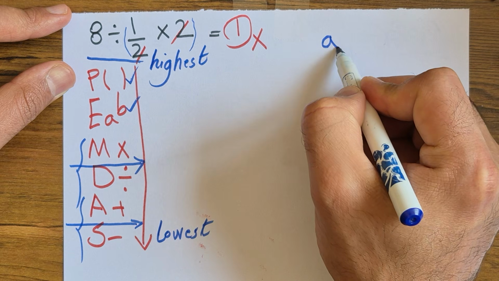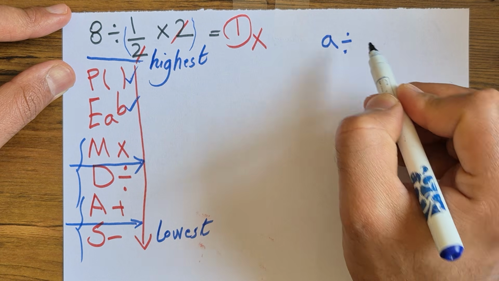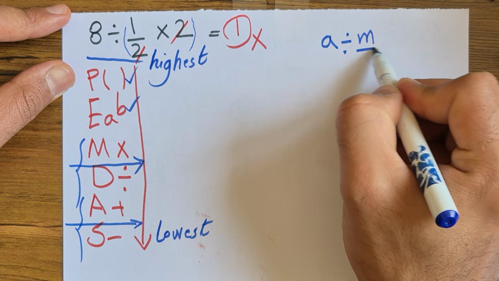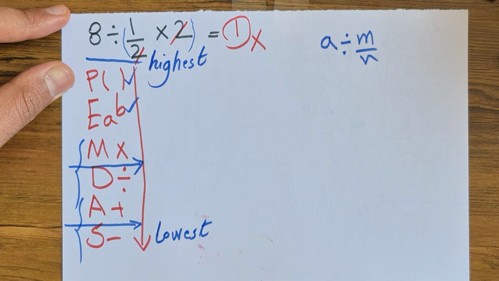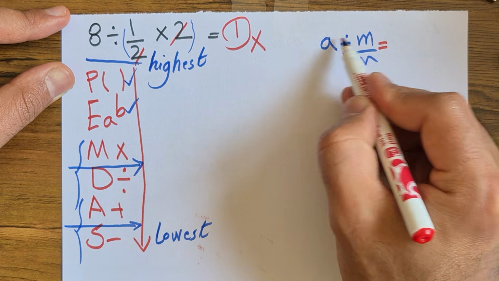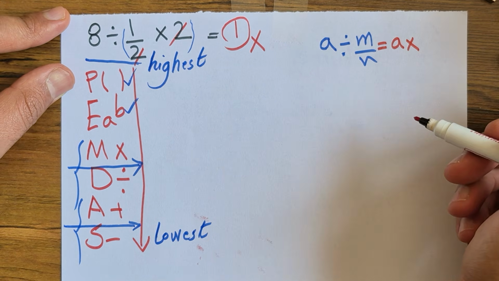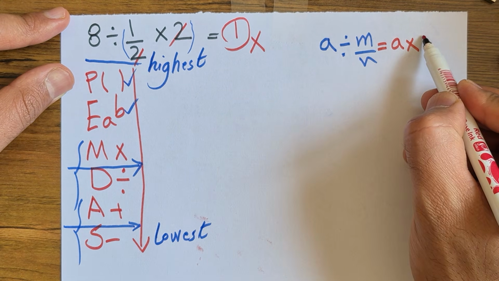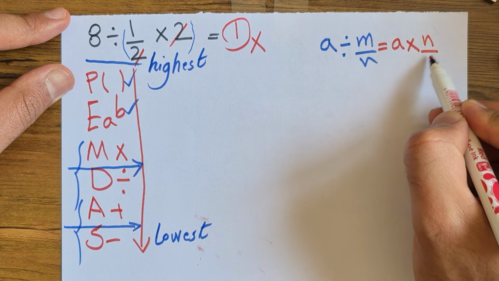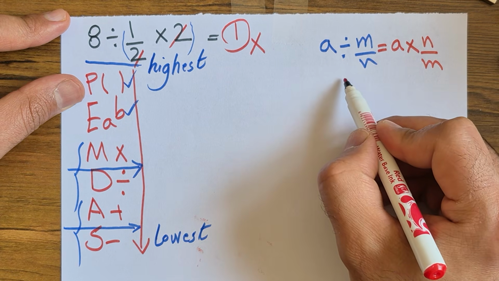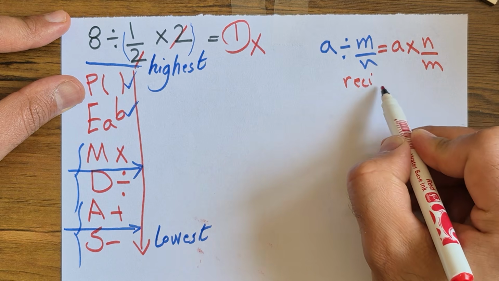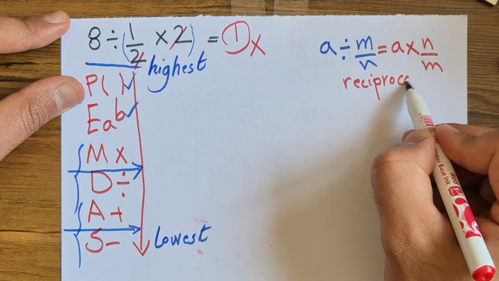Whenever you have a number and you want to divide it by a fraction, you can turn this division sign into multiplication and swap the upper part and the lower part of the fraction. In other words, turn it into the reciprocal of the fraction.